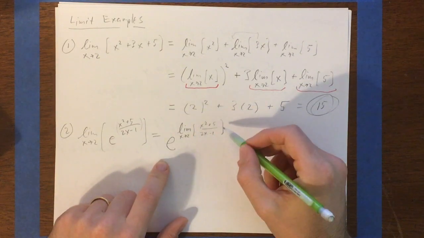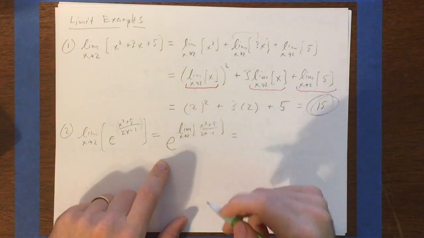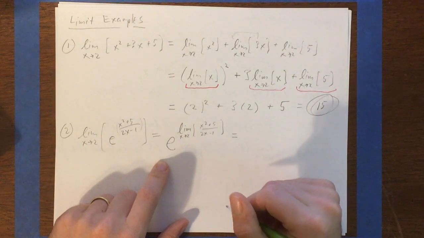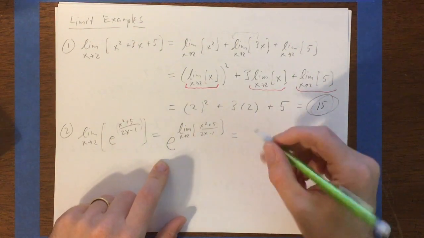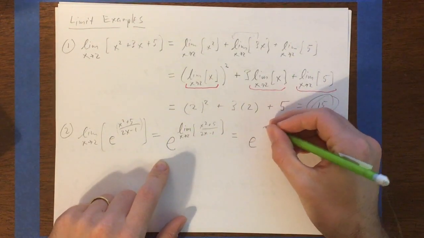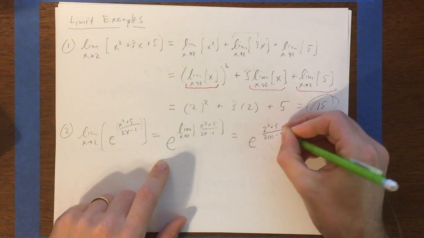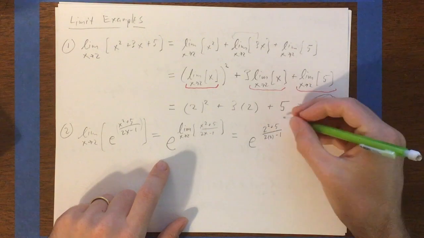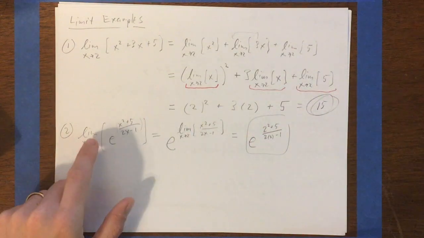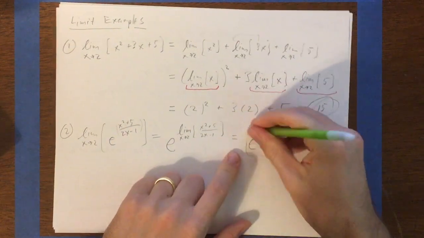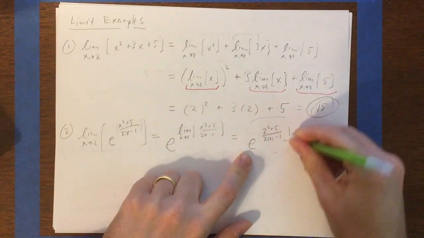I hope that limit will exist, but it should, because 2 is in the domain of that rational function. So we should be able to do that with direct substitution. We're going to have 2 squared plus 5 all over 2 times 2 minus 1. I think that evaluates to 3.